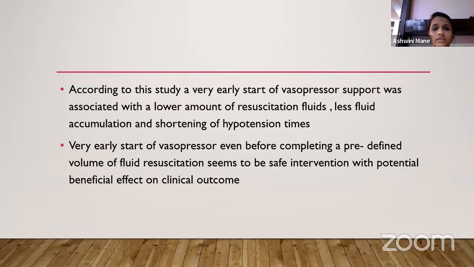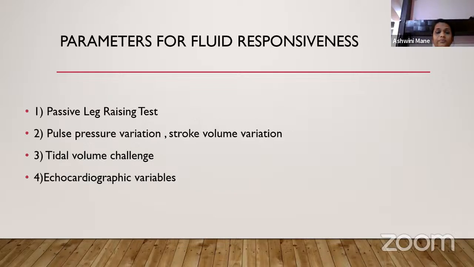According to this study, giving vasopressors at the initial stage was associated with a lower amount of resuscitation fluid, less fluid accumulation, and shortening of hypotension time. So the very early start of vasopressor, even before completing a predefined volume of fluid resuscitation, seems to be a safe intervention with potential beneficial effect on the clinical outcome.